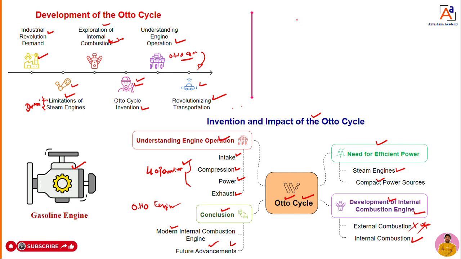If there were no Otto cycle, if Nicholas Otto had not invented the compact engine, and if James Watt had not investigated the steam engine, it would be very difficult for us to lead our life now, because we are comfortable with cars, bikes, everything. That is the contribution of the Otto cycle. For that, we should be very grateful to such scientists who sacrificed their lives towards the development of science and technology. This is about the Otto cycle introduction.